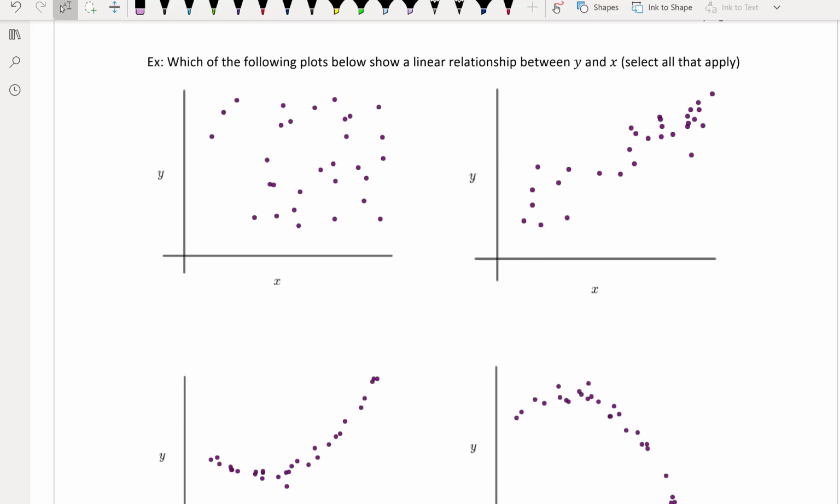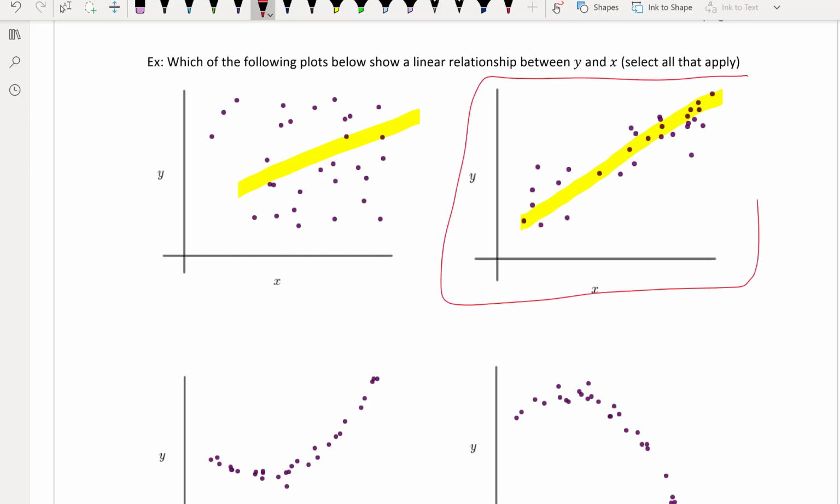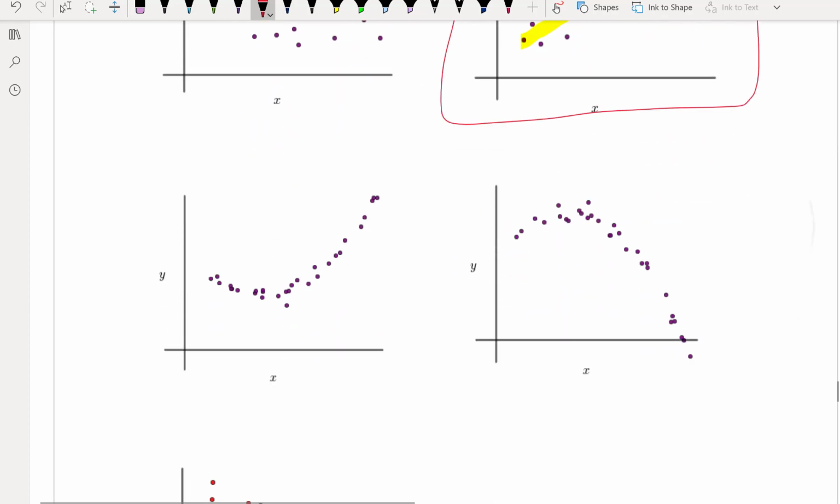Now it says, for this example, which of the following plots below share a linear relationship between y and x? Circle all or select all that apply. So this first one doesn't really look like it's a line. If I were to draw a line, it doesn't hit anything. If I draw a line here, that definitely looks like it hits most of it, so that's going to be fine.